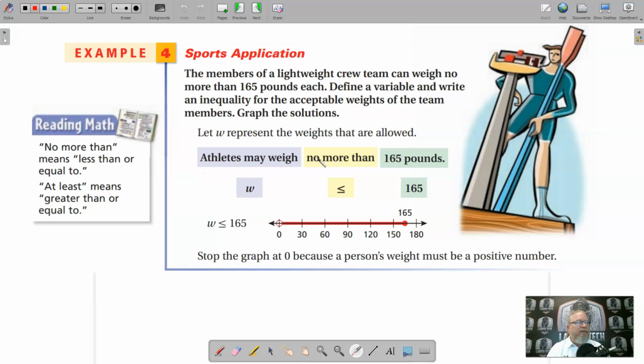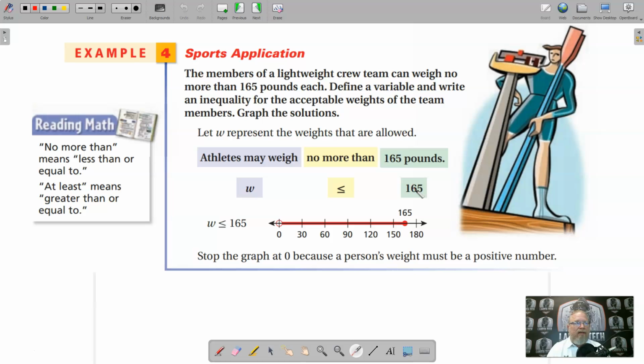So athletes may weigh no more than 165 pounds. Athletes may weigh, W for their weight, no more than, less than or equal to. Remember, we got that from the reading math over here. And then 165 pounds we just represent as 165. So W is less than or equal to 165.